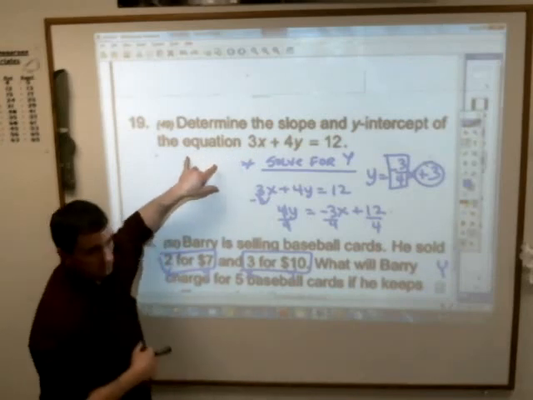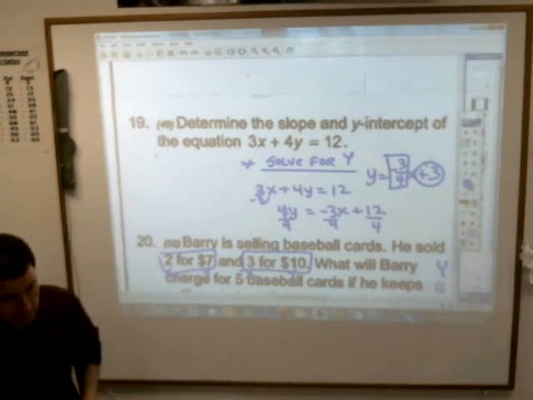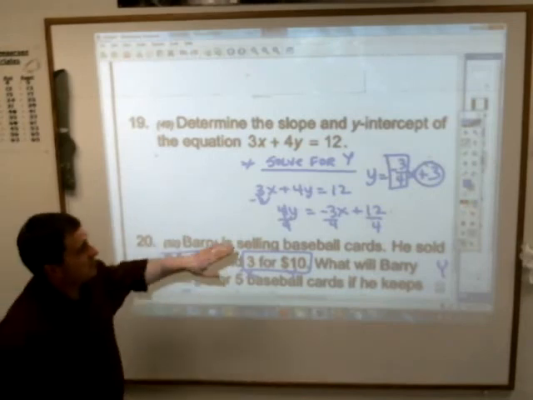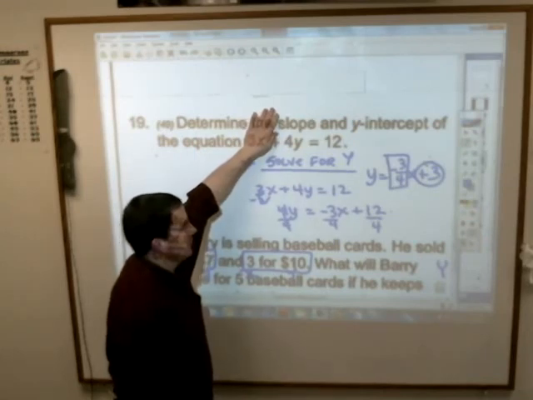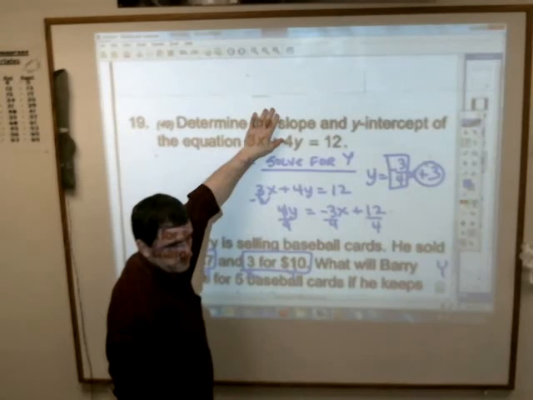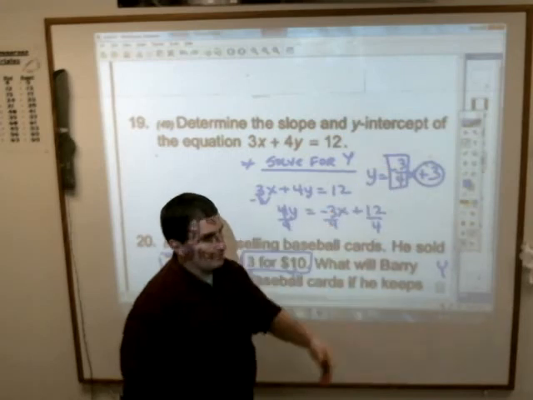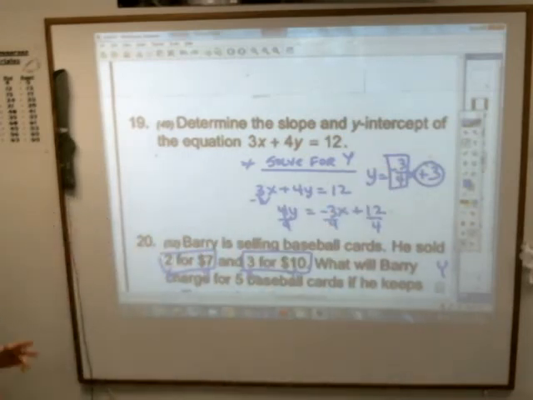If you get it right, and you get every one that is exactly like that right, that's good. But I'm just telling you, this is the way. I understand how you get the y-intercept, because you put 0 in for x, y equals 3. But where did you come up with your slope of negative 3/4? If you want to graph it and figure it out by the graph, that's your prerogative.